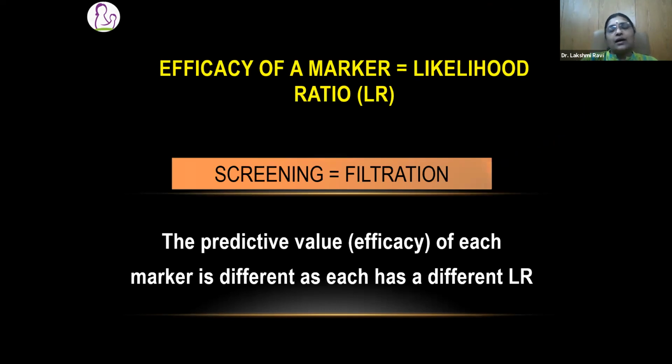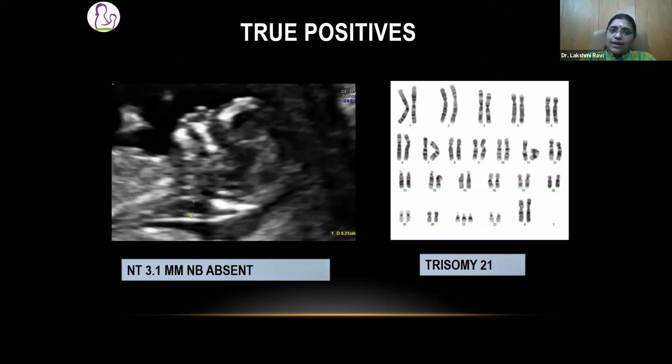Now, how do I make you understand what a likelihood ratio is? I'll give you a case example, and then it will be very easy for you to understand. Look at this image where you have an increased nuchal translucency, and you put all these things into a software.